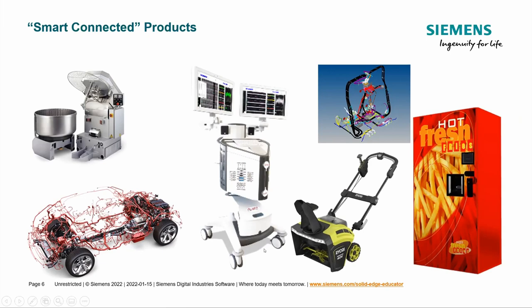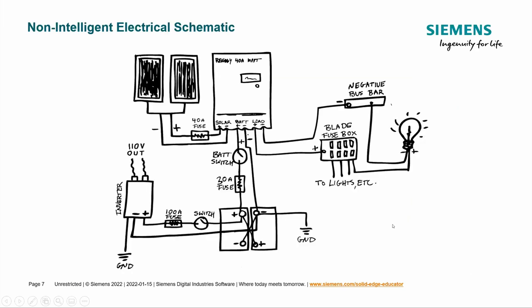And the electrical systems have to get that right in collaboration with the mechanical team. We have this battery powered snowblower, for example, right? Looks pretty simple, right? But there's a lot of electronics that go into that. And on the far right is a vending machine, right? So all these things have electronics in them, and it's the Solid Edge Wiring Design that I'll show you is a real good tool to help you capture that great electrical schematic.